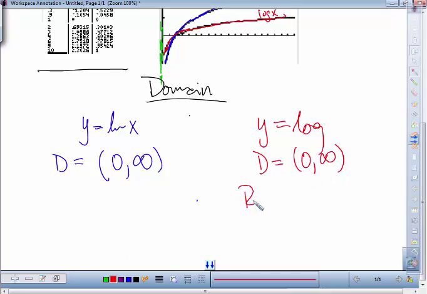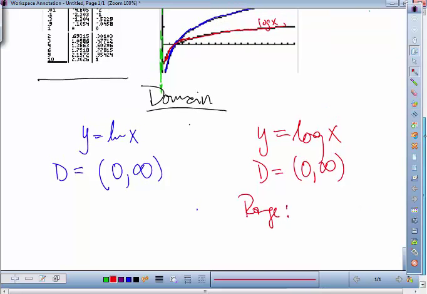What's the range? For log, let's talk about the log first. Somebody else? Negative 1, 1. Anybody else? Well, let's take a look at some of the y values that we get. The range is the y values, right?